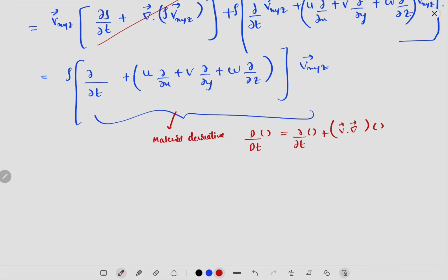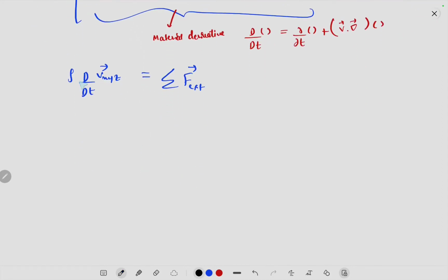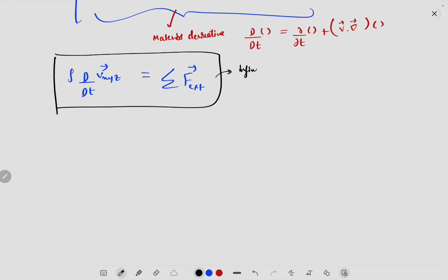So we can write this as rho d by dt of vxyz, which is equal to the summation over all the external forces. This is the expression that I get by considering an infinitesimal control volume and using Reynolds transport theorem, taking the extensive property as linear momentum.